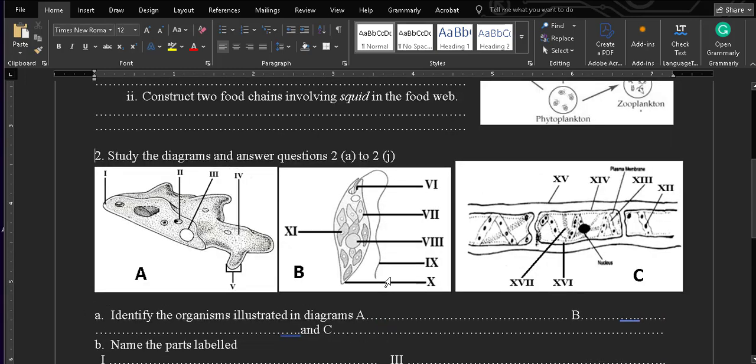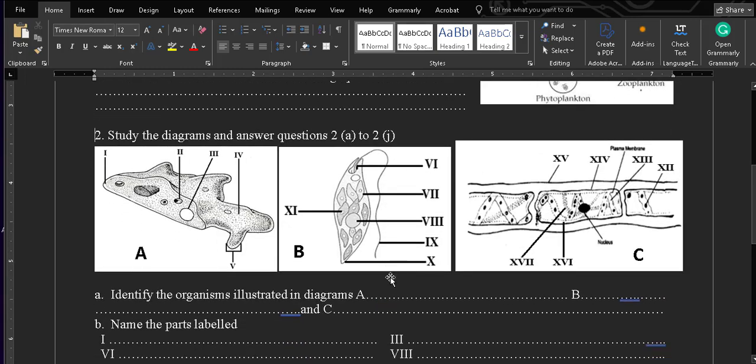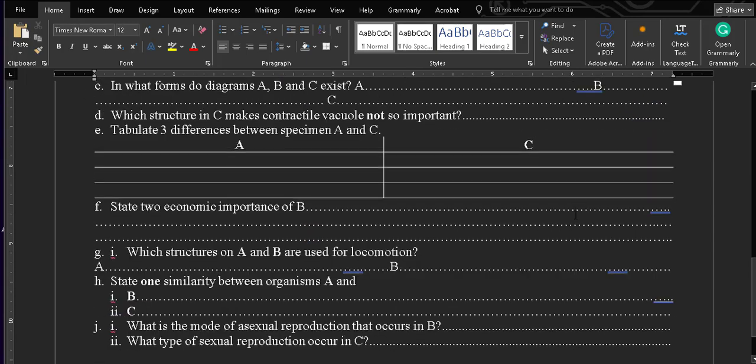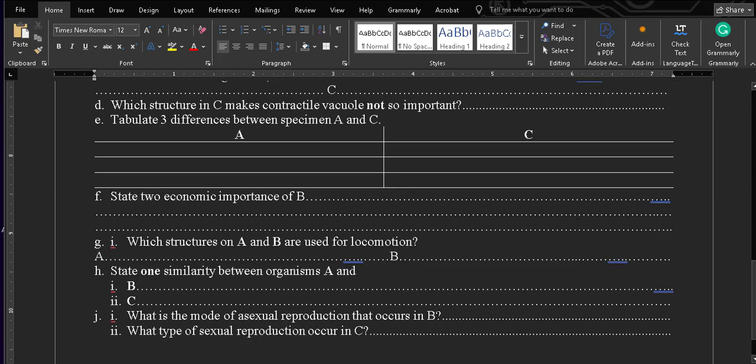So C is Spirogyra. So in Spirogyra, we will have conjugation, right? Conjugation in different forms. We have lateral conjugation, we have scalariform conjugation, and so on, but definitely it is conjugation.